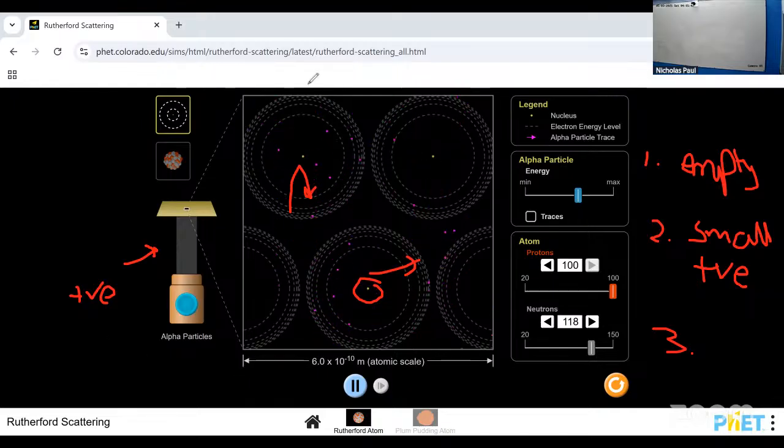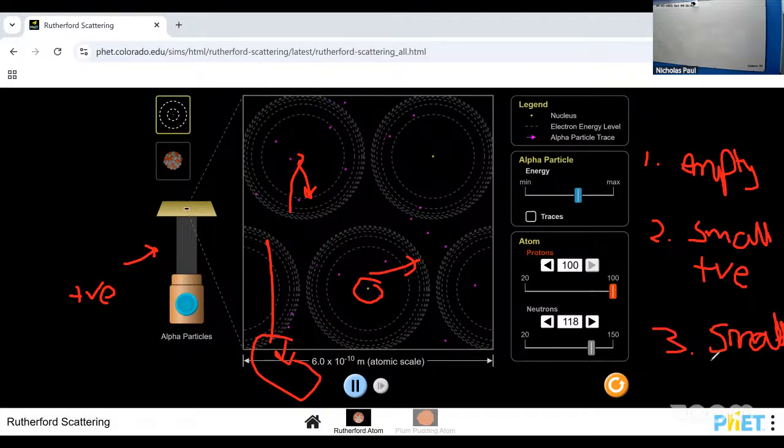They recognized that a real small amount of particles left and came right back at them. What it probably meant is that the middle, which we call the nucleus, was small and solid. So it hit something solid and came back at it. So the third conclusion was that it had something small and dense. Right? So it had something small and dense.